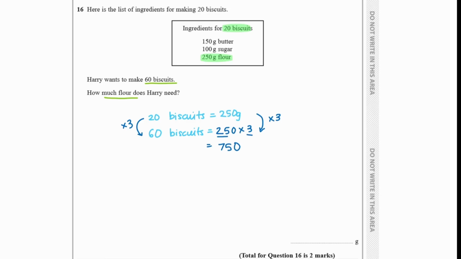Therefore, 250 times 3 would be 750 grams. So our final answer for this question is 750. This was a 2-mark question, and we would get the first mark for recognizing that we have to multiply the ingredients by 3, and the second mark for getting a correct final answer of 750 grams.